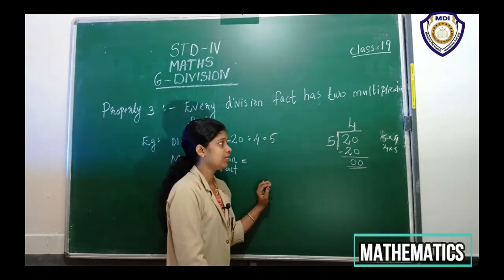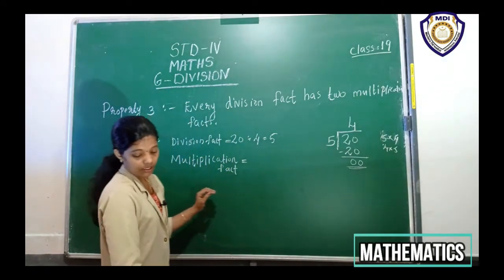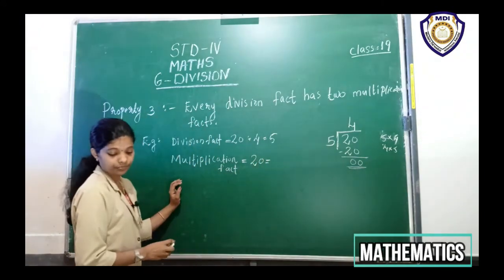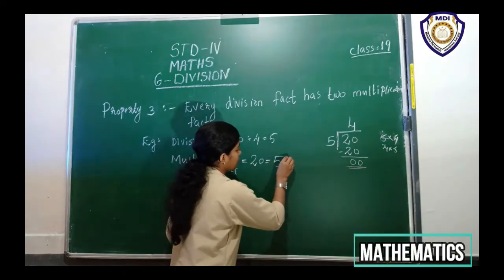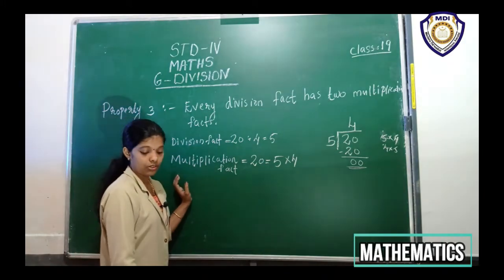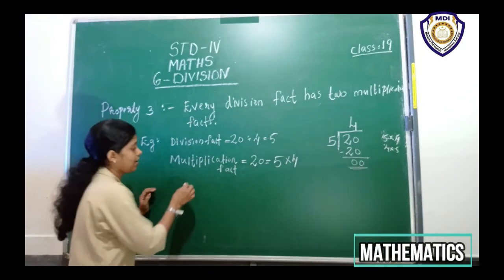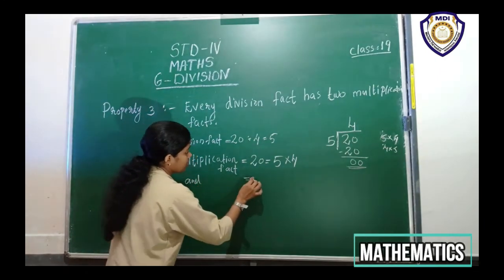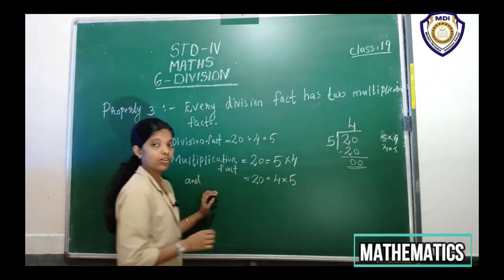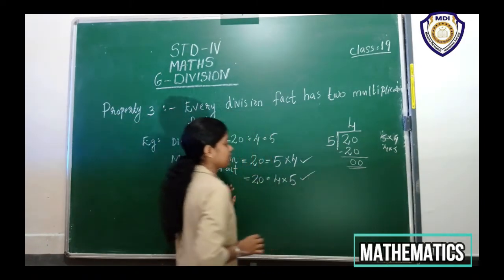Then the other one is 4 into 5. 20 equal to 5 into 4, and the other fact is 20 equal to 4 into 5. Here 2 multiplication facts.